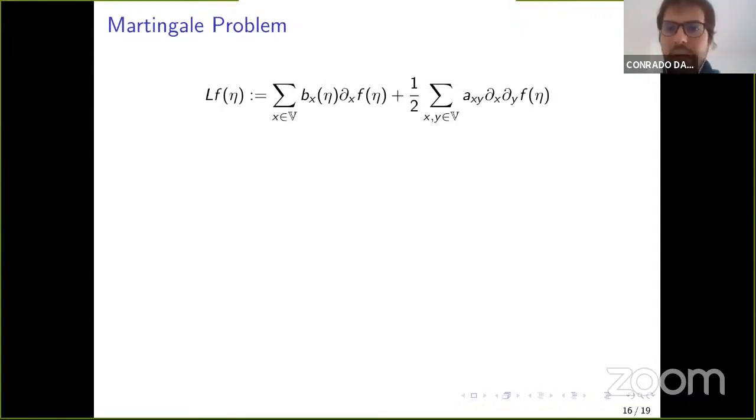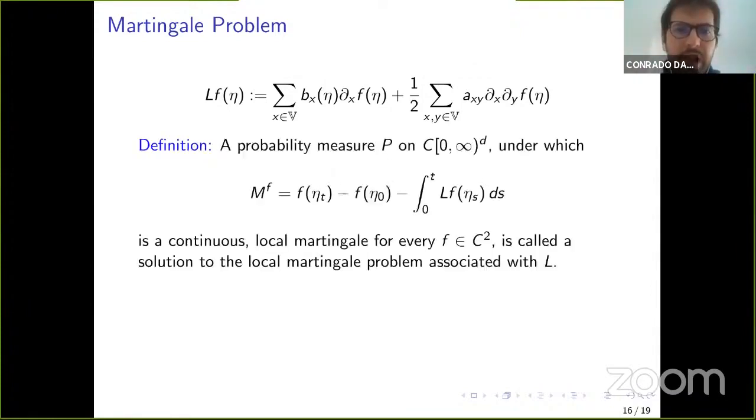So let me just remind you, or state, what the martingale problem is. We're given a second order differential operator. This A also may depend on eta. If we have a probability measure on this space, this is a finite dimensional statement of the martingale problem, for which these formulas here are continuous local martingales for every C2 function, then that's the solution to our martingale problem.